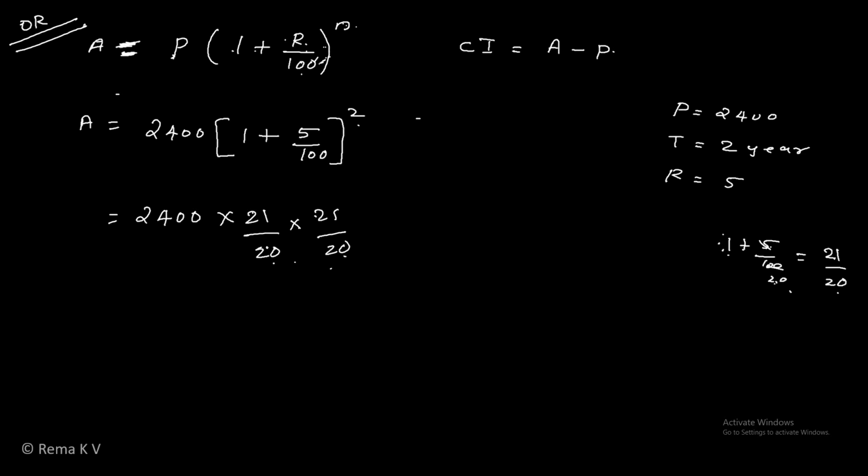Now we can simplify this. These two zeros will get cancelled. Then 2 into 2 it is 4, 4, 6. This also can be cancelled as 6.